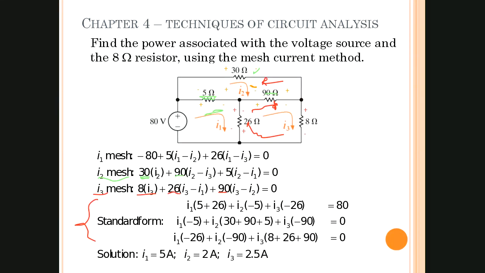It says find the power associated with the voltage source and the 8 ohm resistor. So if I want to find the power for the voltage source, we're going to look for power being generated, and power generated, we know, is equal to I times V. I'm going to do this in caps so that you can see it better.